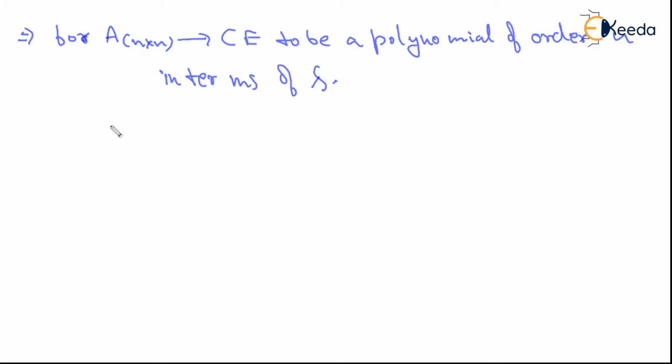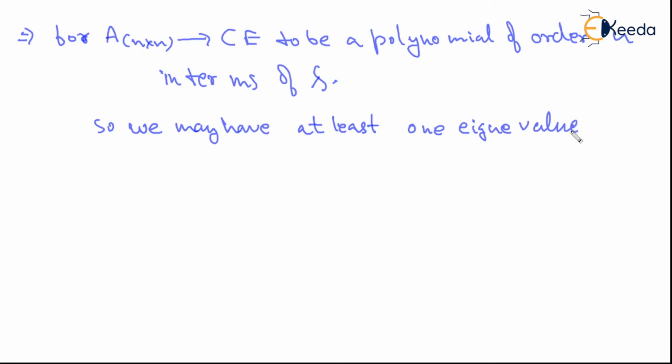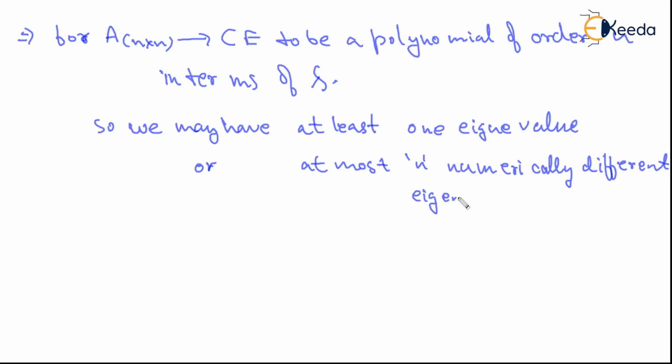So there is a possibility that we may have at least one eigenvalue, so that is one root of this characteristic equation, or at most n numerically different eigenvalues. Fine.